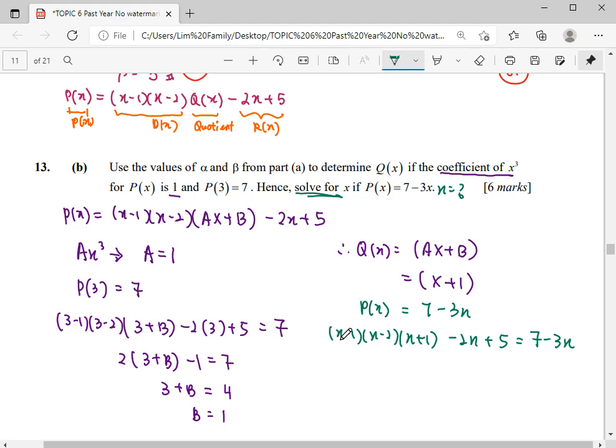So when we expand this, one by one, x minus 1, x plus 1, I will get x squared minus 1 times x minus 2. I will take these two factors and expand first, because x plus 1, x minus 1 will be x squared minus 1. And then I move this value to the right hand side. I want to make it 0 so that we can factorize.